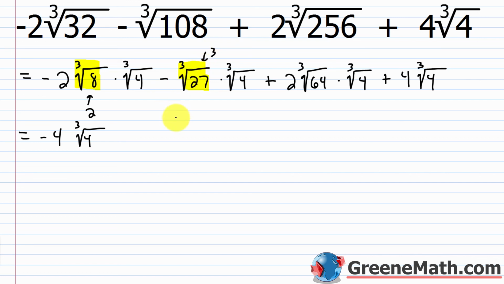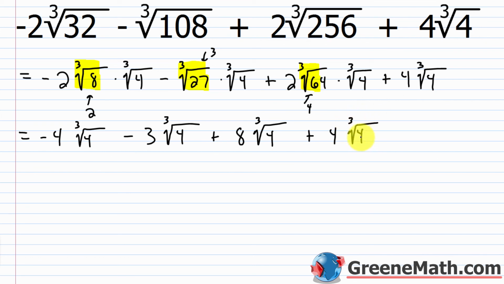So you'd have negative 3, so minus 3, times the cube root of 4. Then plus, this guy right here, the cube root of 64 is 4. So you'd have 2 times 4, which is 8, times the cube root of 4. Then lastly, you have plus 4 times the cube root of 4.